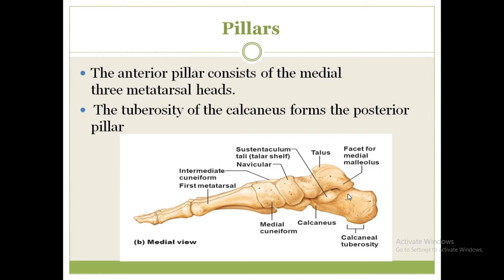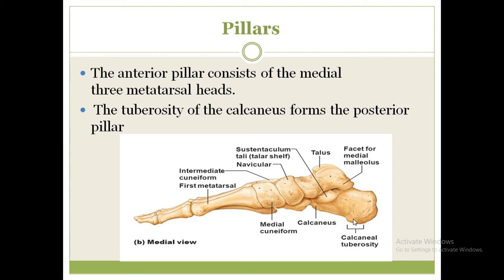Then there are the pillars. Pillars are basically the structures on which the arch rests. The anterior pillar consists of the medial three metatarsal heads. You can see these are the metatarsal heads, so they form the anterior pillar, whereas the posterior pillar is formed by the calcaneus. So we have discussed how the medial arch is formed.